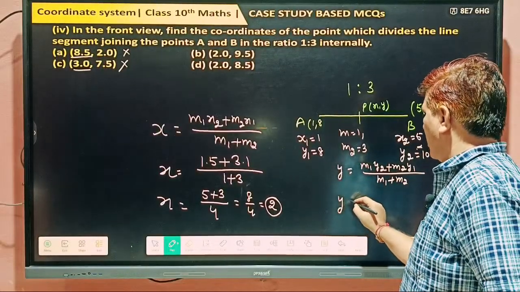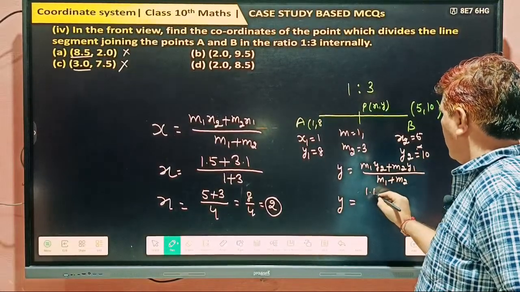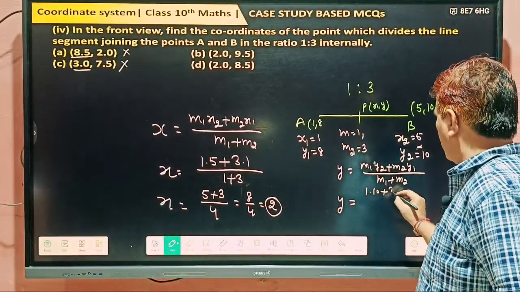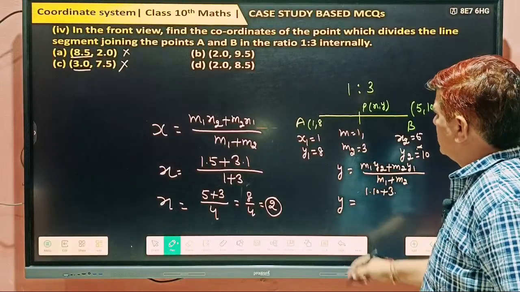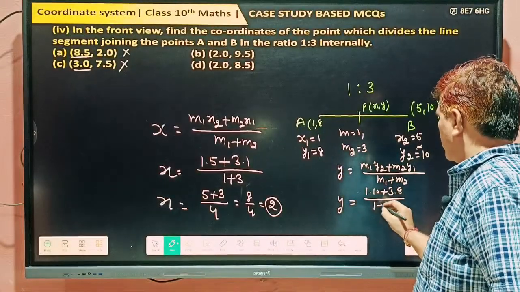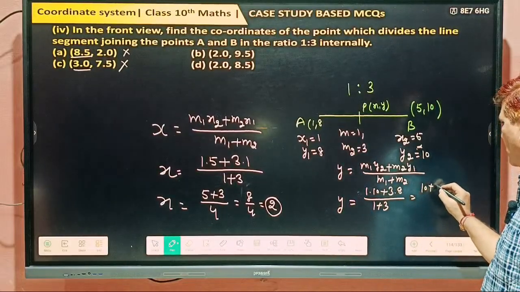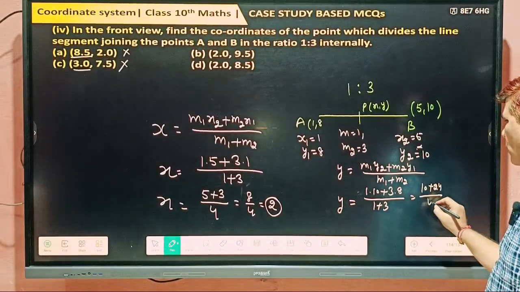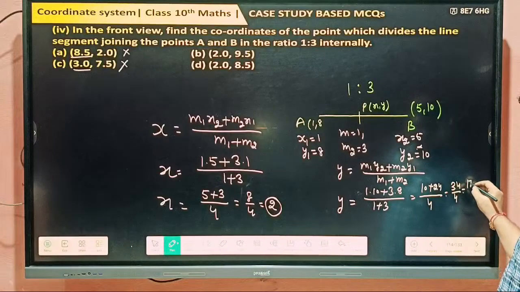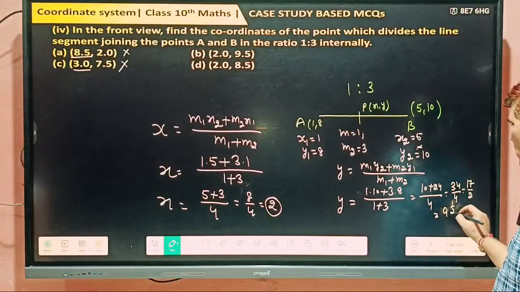So what's your y? m1 is 1, y2 is 10, plus m2, which is 3, times y1, which is 8, divided by 1 plus 3. If you solve this, 10 plus 24 by 4, 34 by 4. Solving, 17 by 2, which we can write as 8 and 1 by 2.